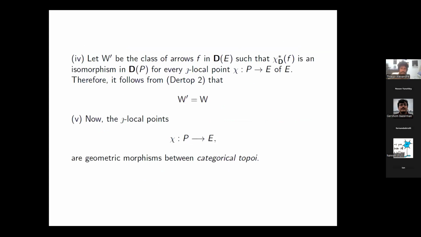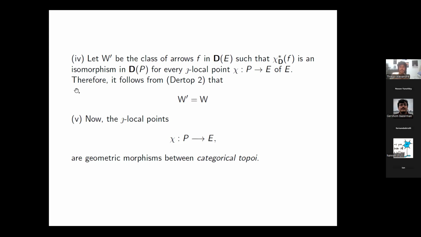Okay, so we can consider now the class W prime, the class of arrows f in D of E such that the inverse image of f is an isomorphism in the fundamental category of P for every G-local point of E, right?